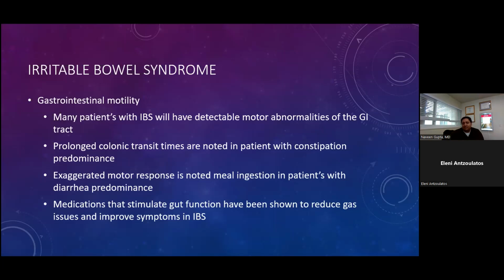Patients with constipation predominance will have longer transit time of their colon, while patients with diarrhea predominance, when they eat, we notice faster motility through the gut than in non-irritable bowel syndrome comparable patients. And to take that a step further, when you give a patient with irritable bowel syndrome medications that can augment or decline gut motor function based on their symptom, you will actually see them improve their symptoms. So there's clearly a component of this which is related to gut motility.